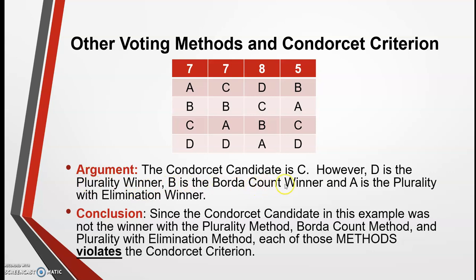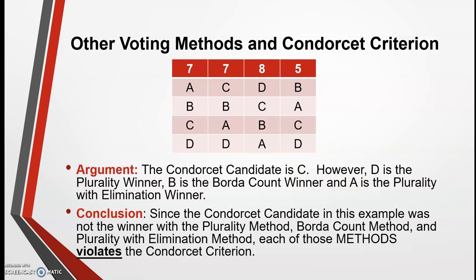If we were to calculate the Borda count winner, we would find that B is the Borda count winner, which is not the Condorcet candidate. So that's enough to show that the Borda count method fails the Condorcet criterion. And the plurality with elimination winner ends up being A, which is also not the Condorcet candidate.